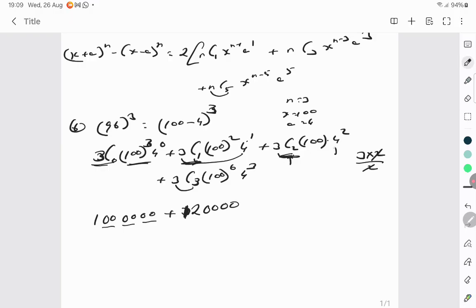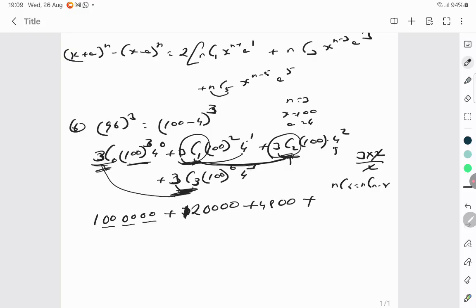So 3 fours are 12, 12 times 4 is 48, double 0 plus 3C3, or you can write 3C2 is the same as 3C1 because nCr is the same as nC(n-r). So 3C2 is also 3, 3C1 is also 3. And 3C0 is the same as 3C3, nCr is the same as nC(n-r).